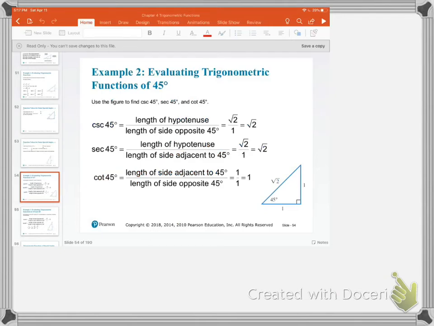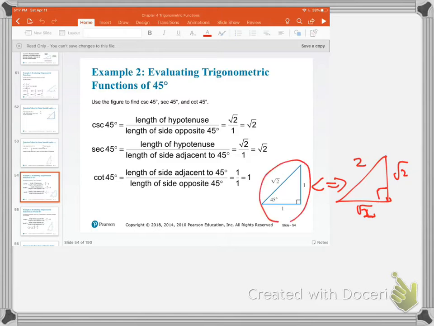I just said for 45 degrees we have 2 models. You can use either 1, 1, radical 2 or radical 2, radical 2, 2. You will get the same trig values. You just enlarge this, everything multiplied by radical 2, you get the bigger one. The trig functions are easy, you just use the definition. What is cosecant?